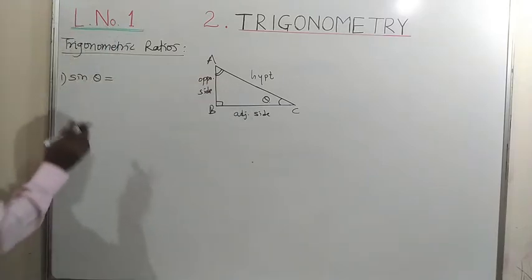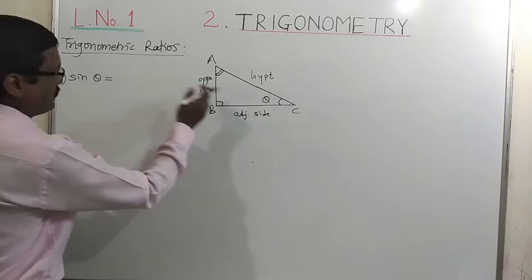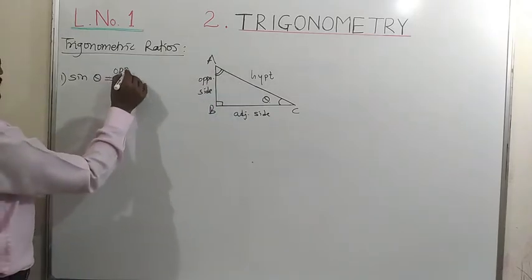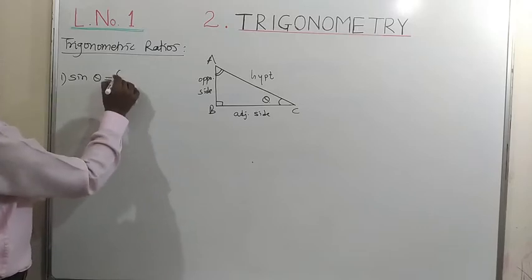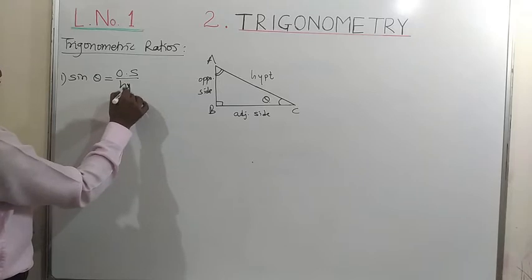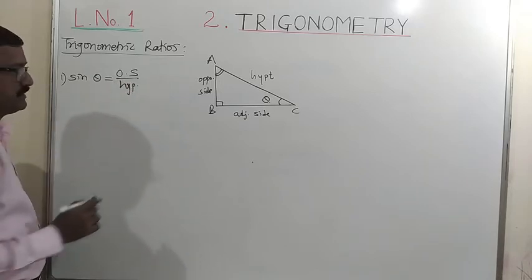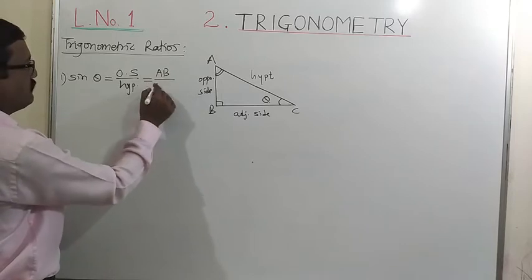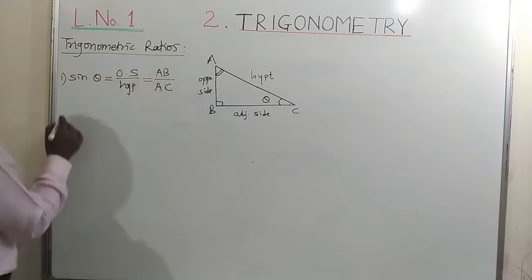So sin theta is nothing but the opposite side upon hypotenuse. So it is equal to AB upon hypotenuse AC.